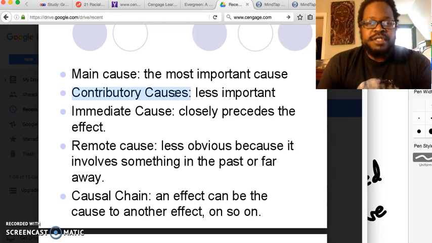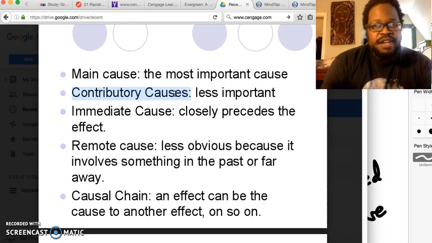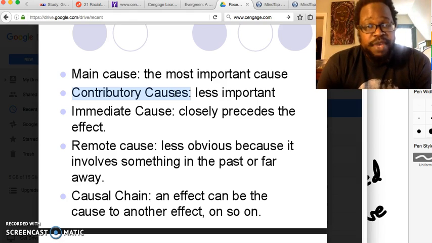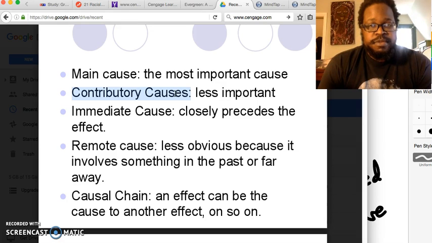But some causes aren't really categorized by their influence, they're categorized by their proximity to the event. They're not characterized by their influence, how important they are.